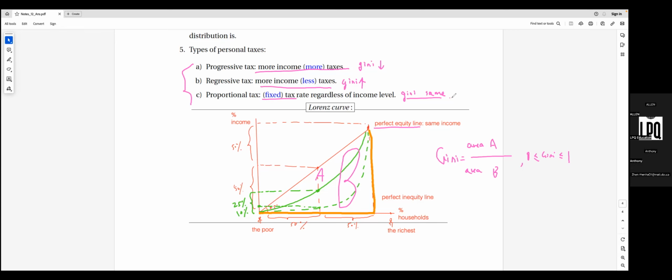If you're interested, you can Google countries ranked by Gini coefficient. You can actually get the list.